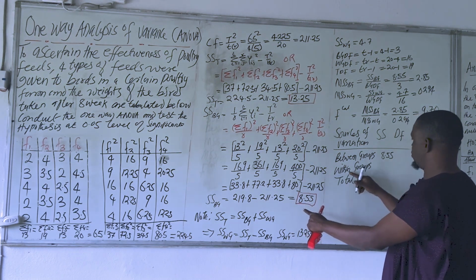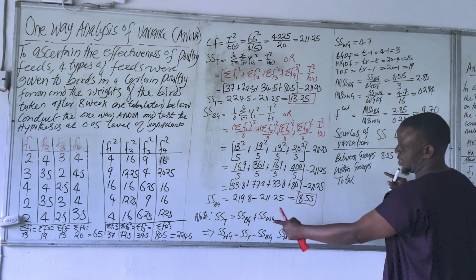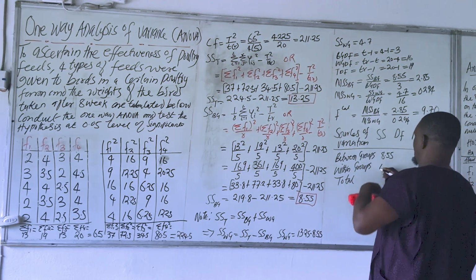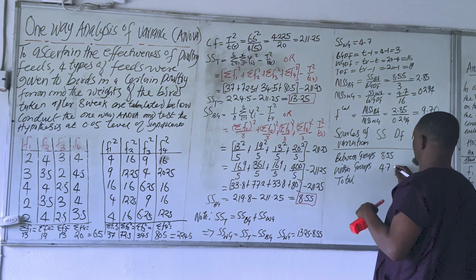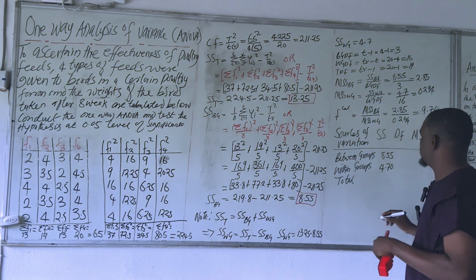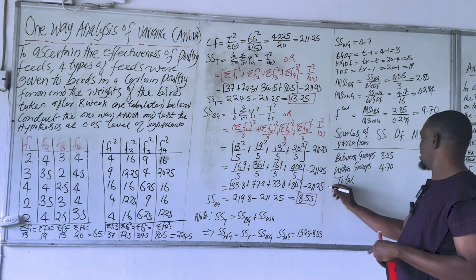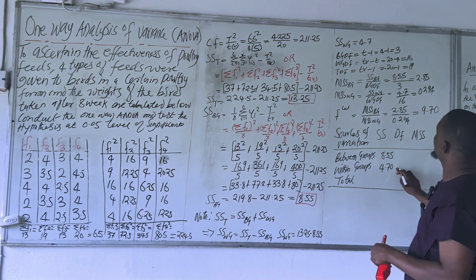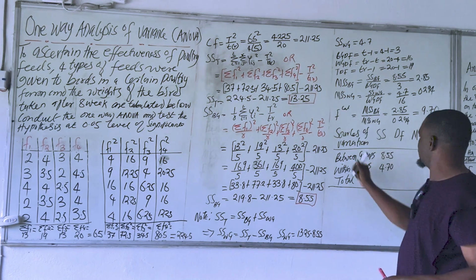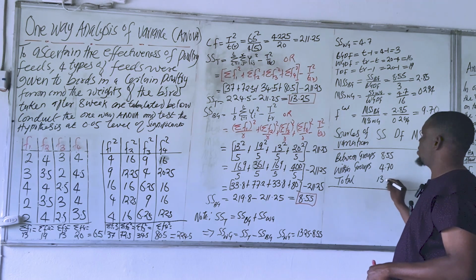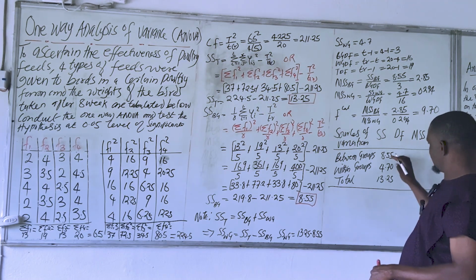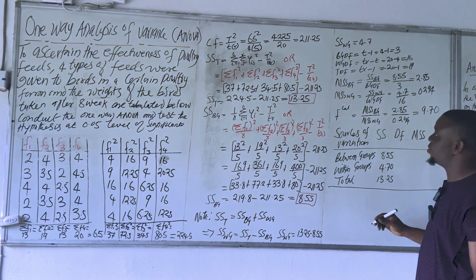Our within group sum of square, we calculated as 4.7. So the total, which is the same thing as summing this and this, we calculated the total sum of square as 13.25. I'm sure if you add this and this, it will also give you 13.25.